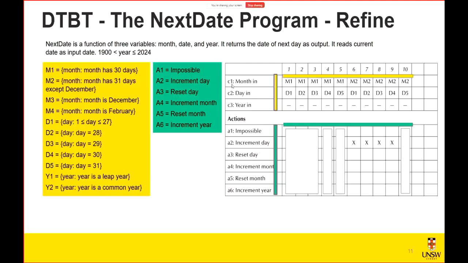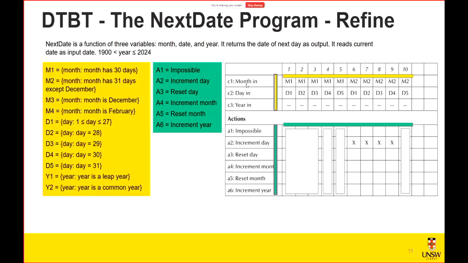So for example, for C1, instead of having M1 equals to true or false, M2 equals to true or false, M3 equals to true or false, we can have whether M, a month, belongs to M1, M2, M3, or M4.